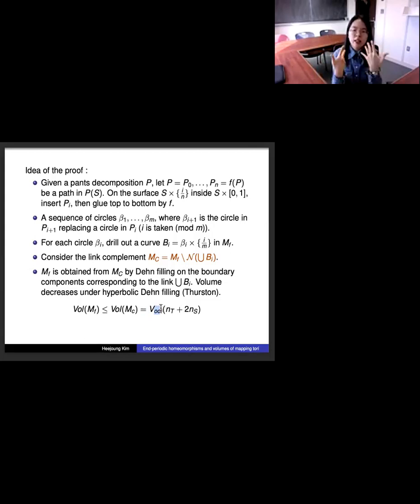And for an NS move, namely an elementary move in a 4-punctured sphere, the volume of 2 octahedrons contributes to the volume of M_C. Okay, any questions so far? That's about finite type surfaces.